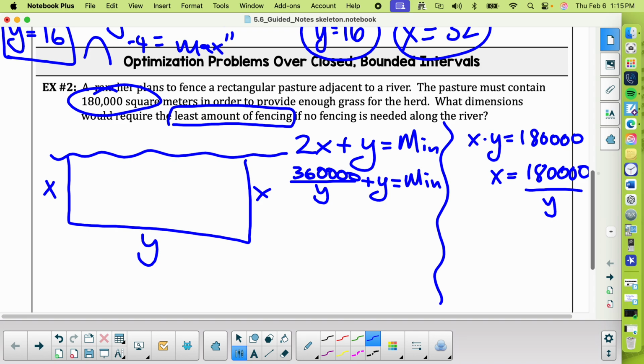Either way, we're taking the derivative. I'm gonna leave them as separate. This is 360,000 y to the negative 1. So my derivative would be negative 360,000 y to the negative 2.